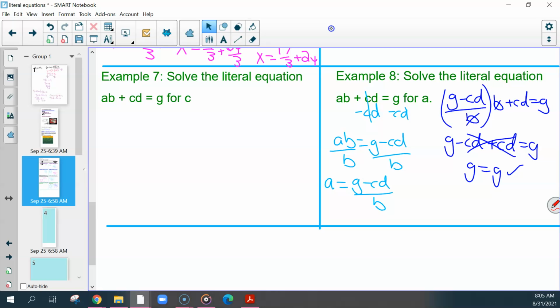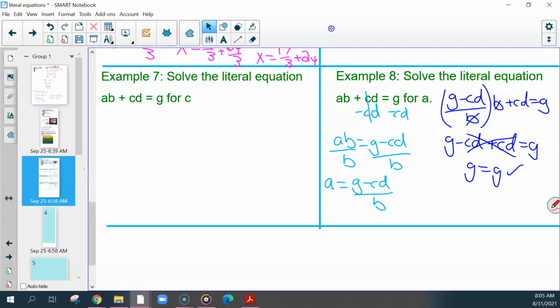There's also 2 Khan Academies that's not on literal equations, it's just on the solving multi-step, that is also due on Thursday. Remember, the Khan Academy goes into the gradebook. Whatever you get on Khan Academy is what I put in. You can redo those as many times as you need to or want to get the grade you want to go into the gradebook. So you can work on any of those.